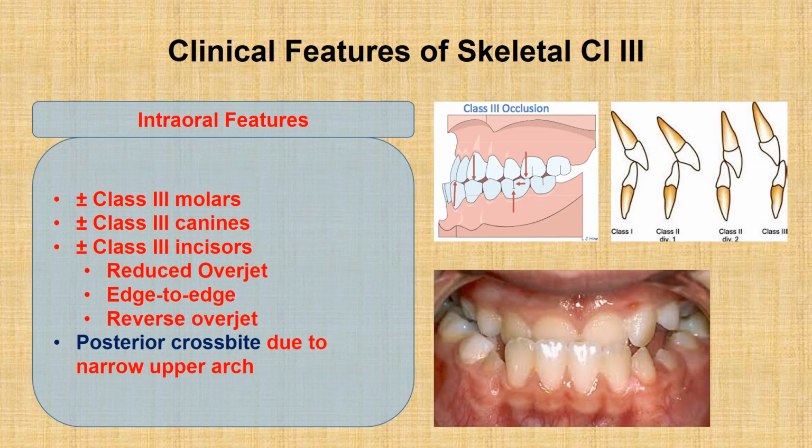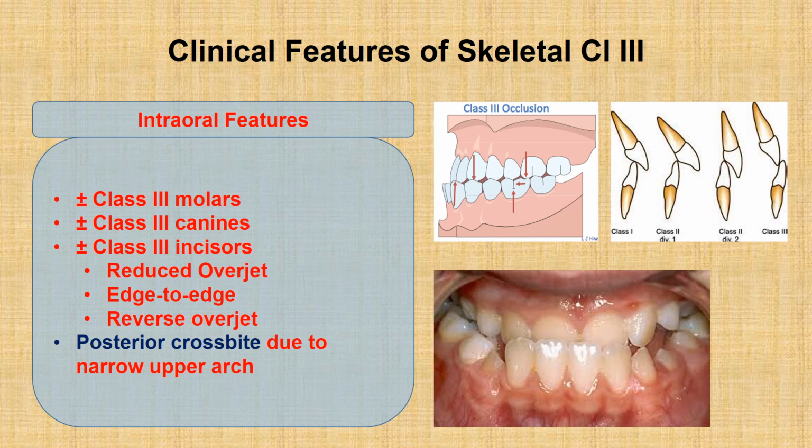Now, what are the intraoral features of a skeletal class 3? In a skeletal class 3, you may get class 3 molars, canines, and class 3 incisors. When we mean class 3 incisors, it is not just a reverse overjet, it can be an edge to edge incisor relationship, or it can be a reduced positive overjet whereby the lower incisors are occluding forwards of the cingulum plateau.